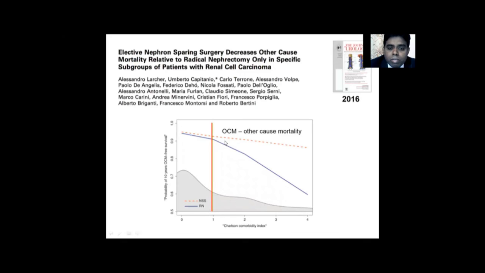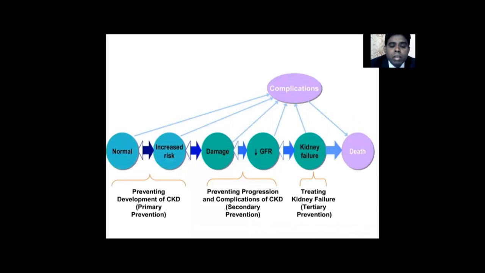Here we can see the other-cause mortality. It's more in radical nephrectomy when compared to nephron-sparing surgery. So as surgeons, we have to prevent a patient with normal renal function from developing renal impairment.